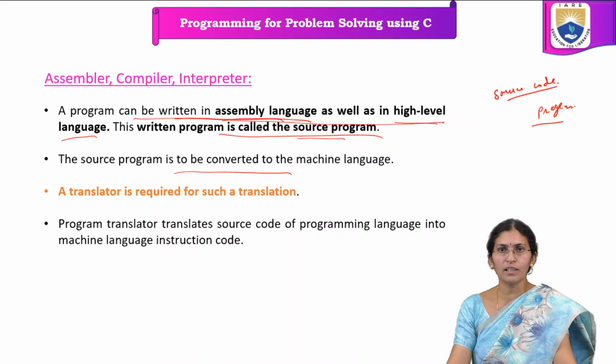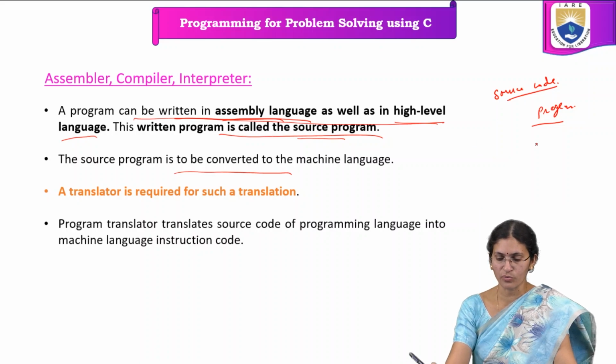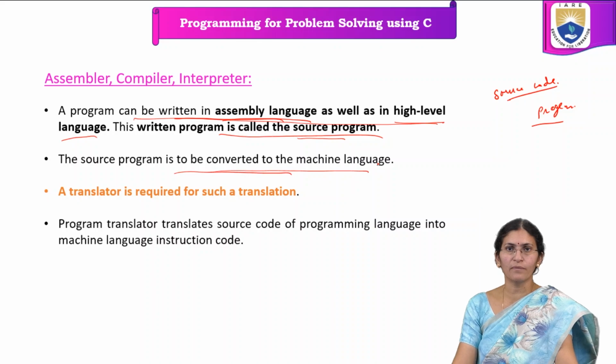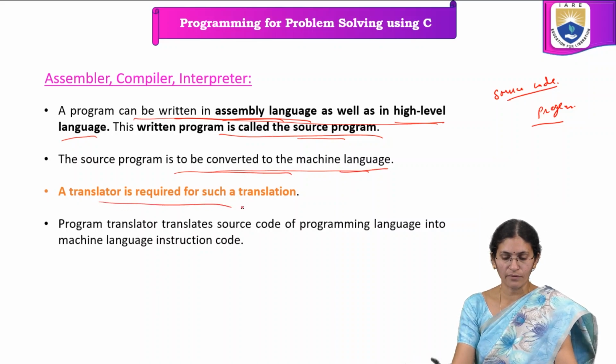So that the machine can process the program or the data given by the user, the program has to be converted to machine language. For that purpose we have language translators. A programming language translator is required for such translation.